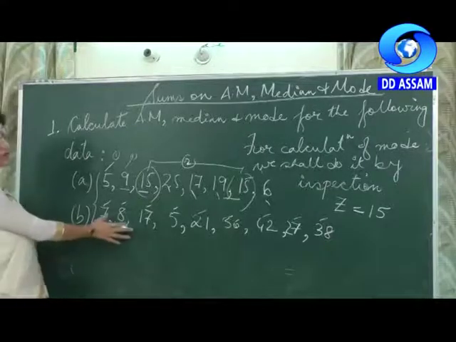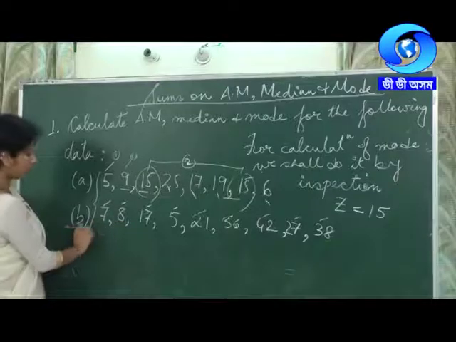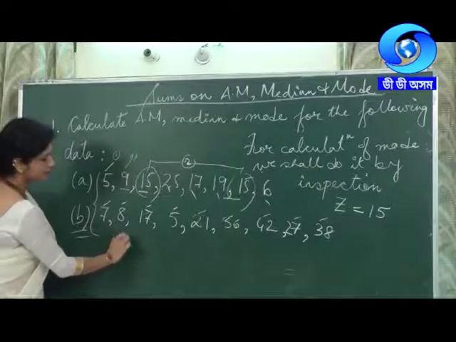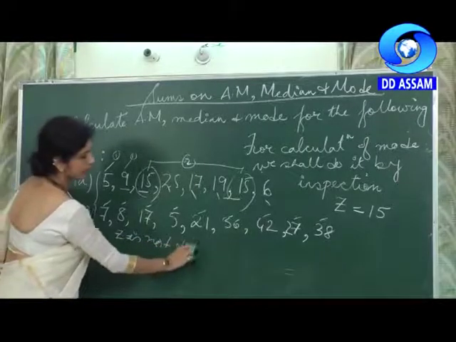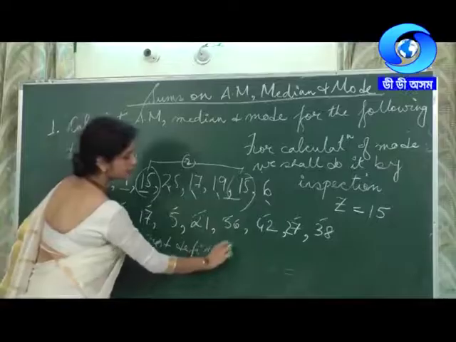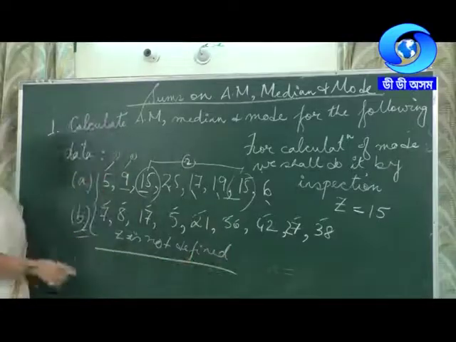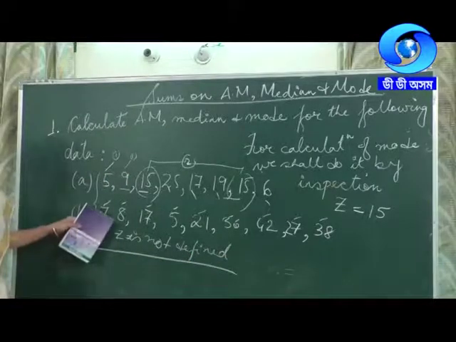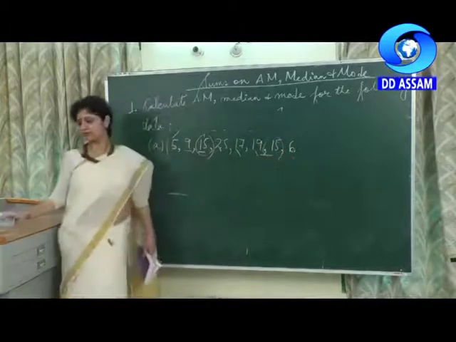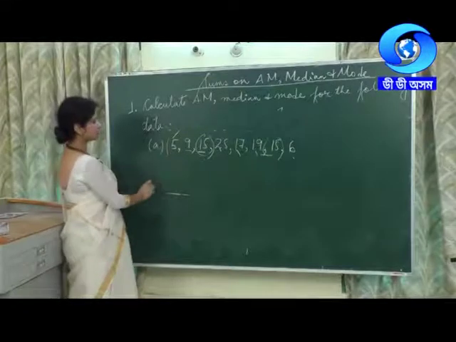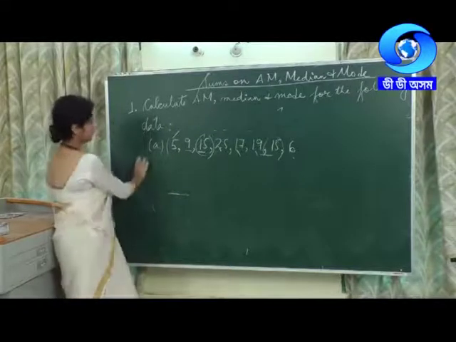So here mode is not defined. For number B, mode is not defined, or you may write mode is ill-defined. There is no mode for this series. So this is the series given to us. We shall write arranging the data. This is calculation of median now.